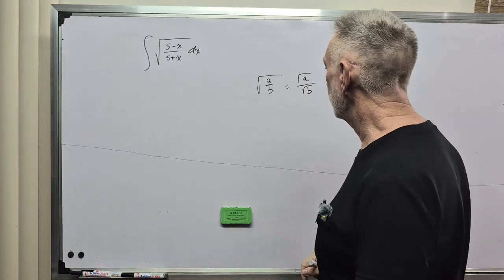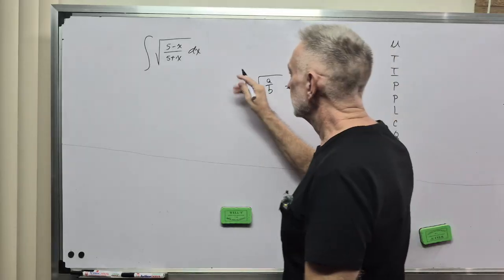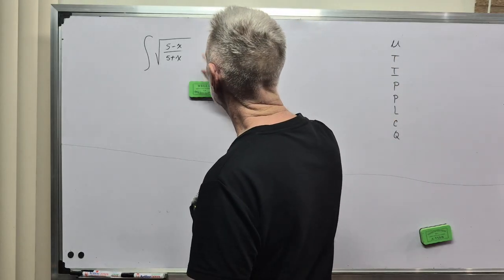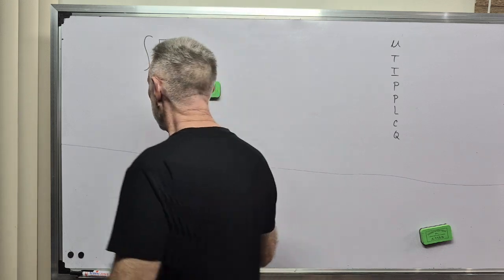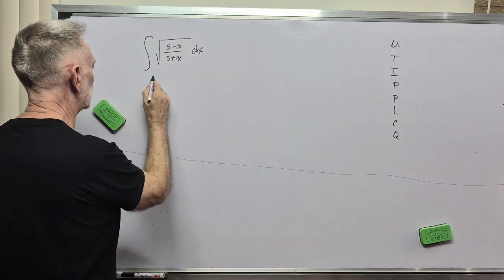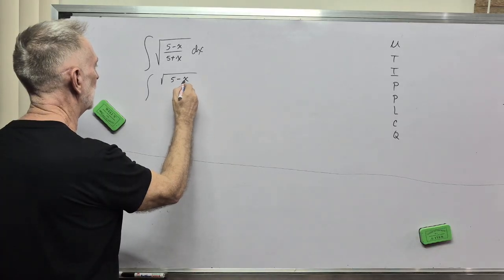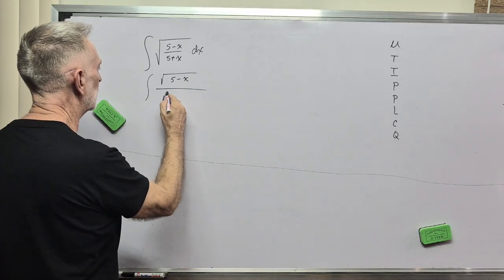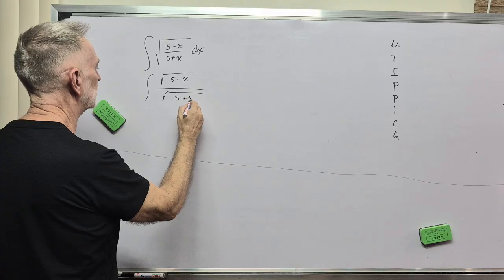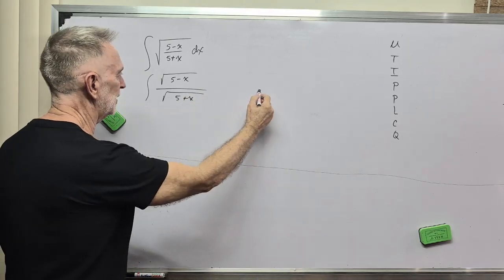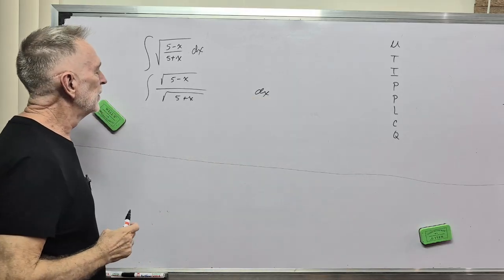We're going to do that here, leave the dx, and rewrite it as the integral of the square root of 5 minus x over the square root of 5 plus x dx.